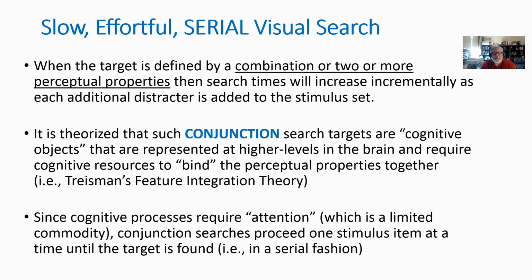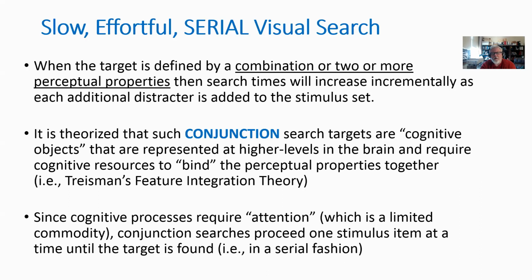Instead, we typically might search for the blue shoe, or if you will, the small marble. And in these situations where the target is defined by multiple properties, then essentially search is slow and effortful because attention is required to bind those different properties together into what you could refer to as cognitive objects.